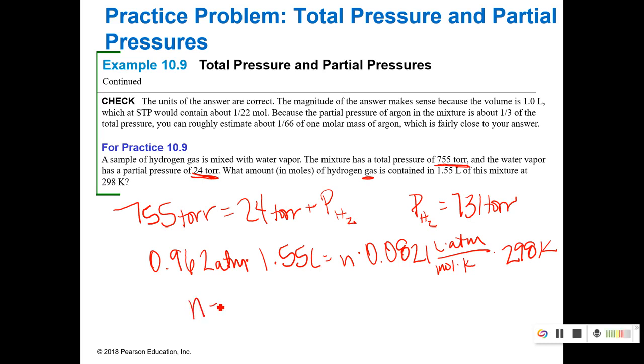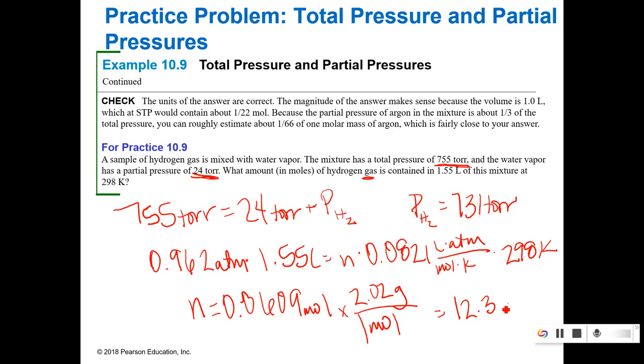I get that moles is 0.0609, and I'm going to multiply it by 2.02 grams per mole. So that's the mass of hydrogen. I get 12.3 grams H2.